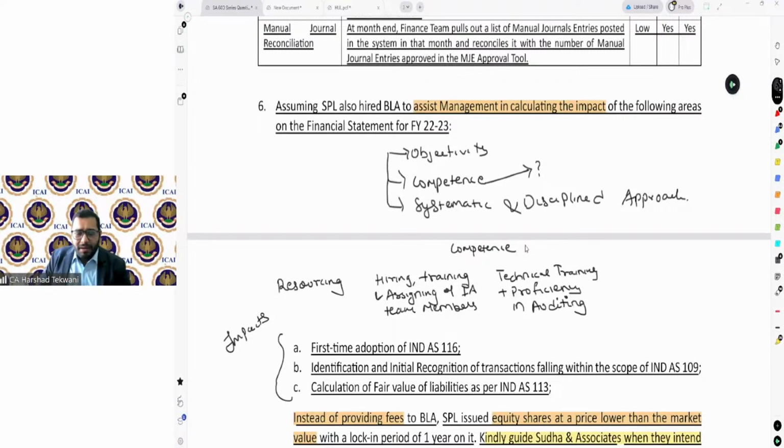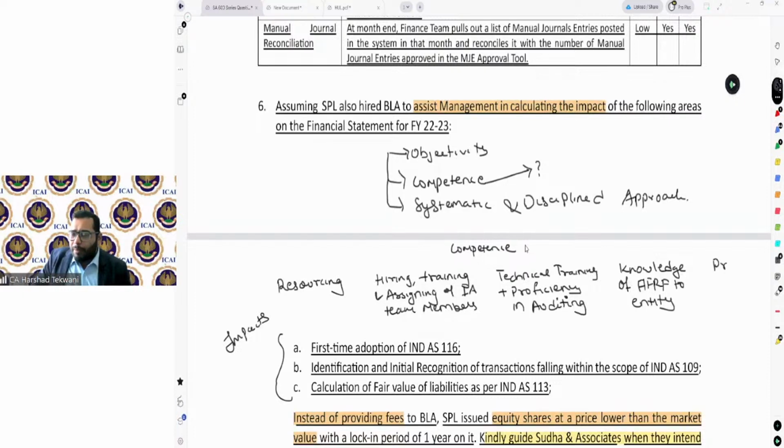Plus, whether they know about the entity's financial reporting framework. Awareness or knowledge of the financial reporting framework which is applicable to the entity. Let's say, for example, if it is a power sector entity or a banking company, then knowledge of the applicable financial reporting framework is necessary to discharge the internal audit functions.